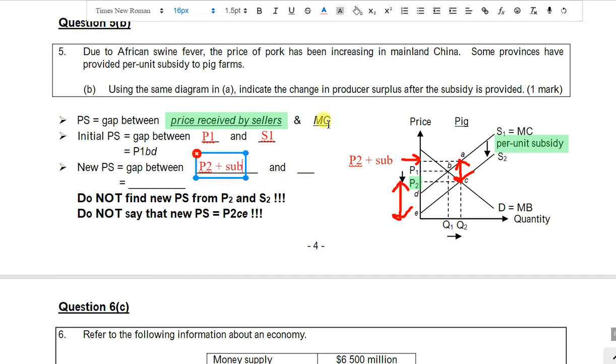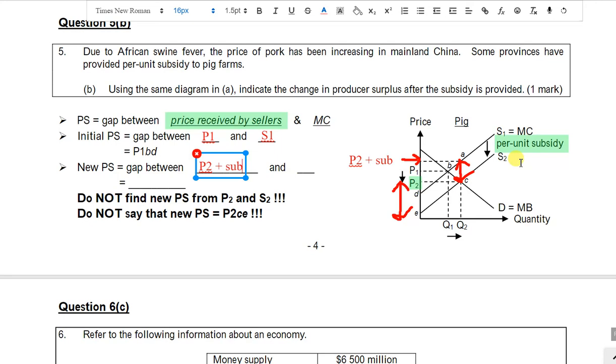And how about the marginal cost? You may also wonder, it should be S2, right? We have a new supply curve. But let me ask you this question. If there is subsidy provided by the government, is there any change in the marginal cost? Or to be accurate, is there any change in the cost of production? The cost of production actually doesn't change, right?